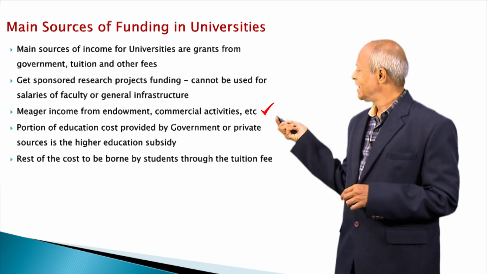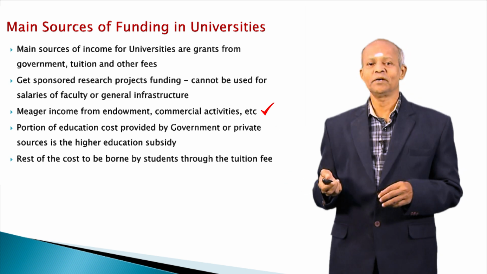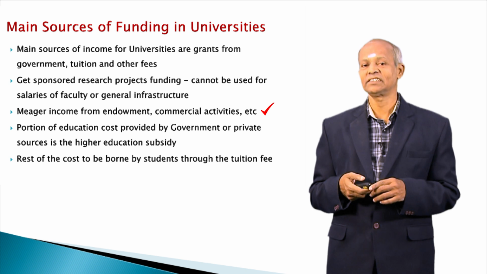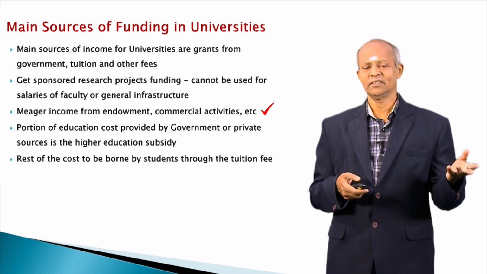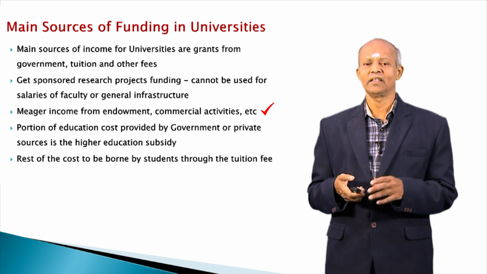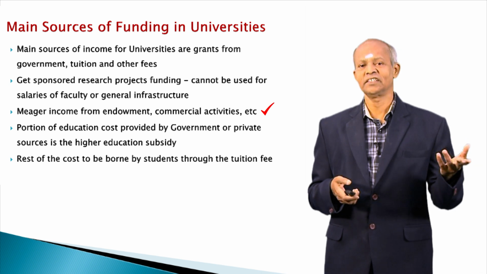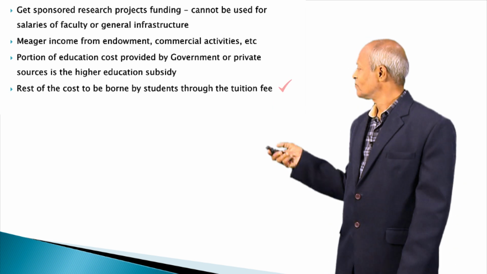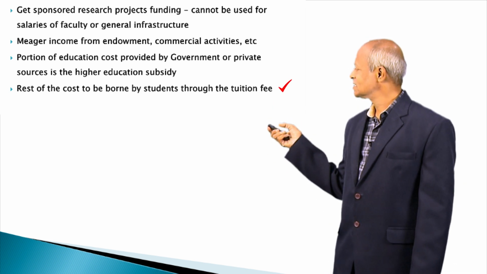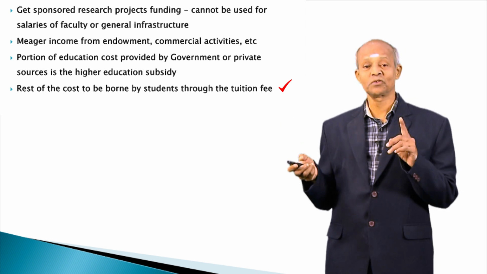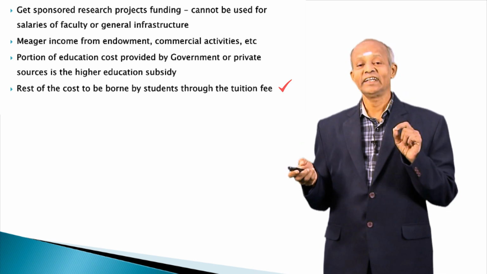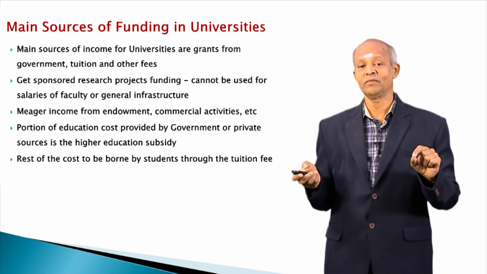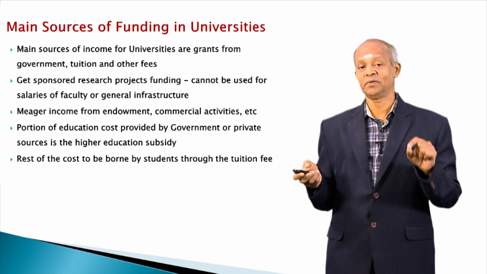And endowment and commercial activity, suppose leasing or renting some school premises or college premises, and some endowment in the name of alumni or some rich people, or philanthropy, and they may give some endowment, and the rest of the cost is borne by the students through the tuition fee. In the case of the government system, the government is taking the load of all the other expenditure.